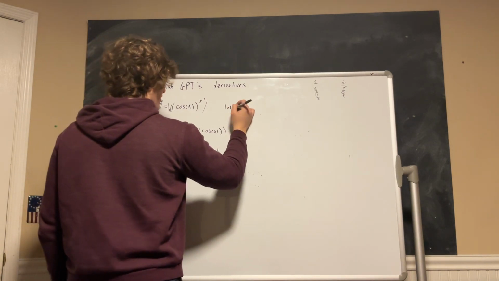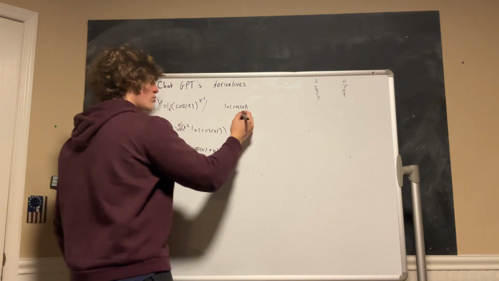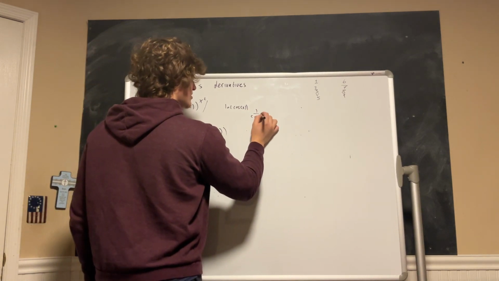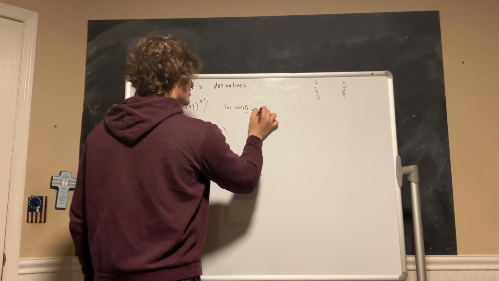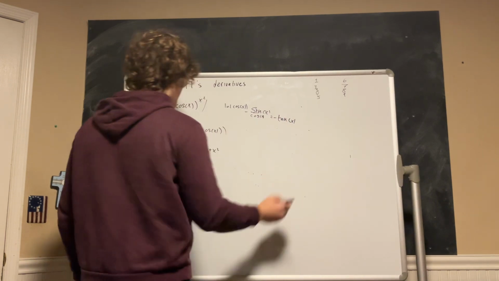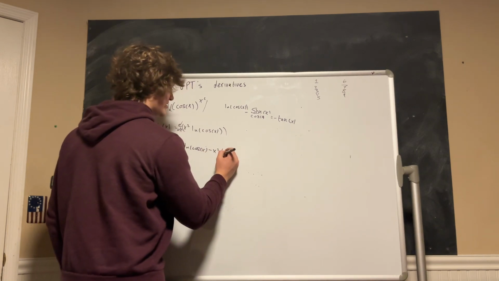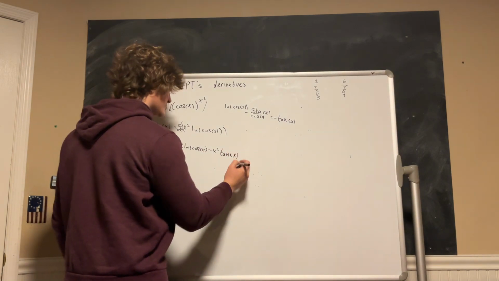So the derivative of the ln of cosine of x is just going to be 1 divided by cosine x times negative sine of x, which is just negative tangent of x. So plus x squared, and this plus becomes a minus when we multiply this by the negative tangent of x.